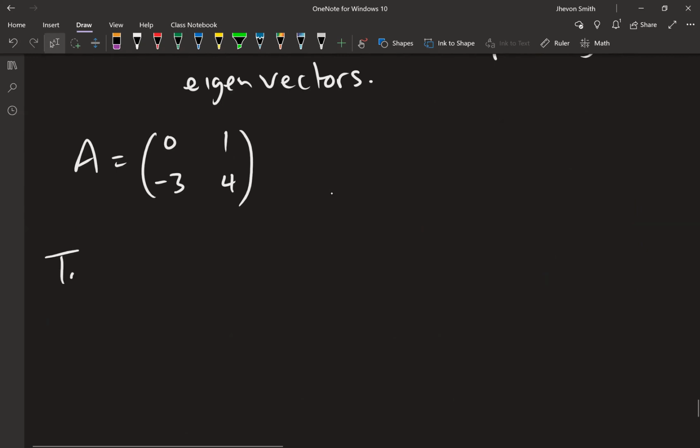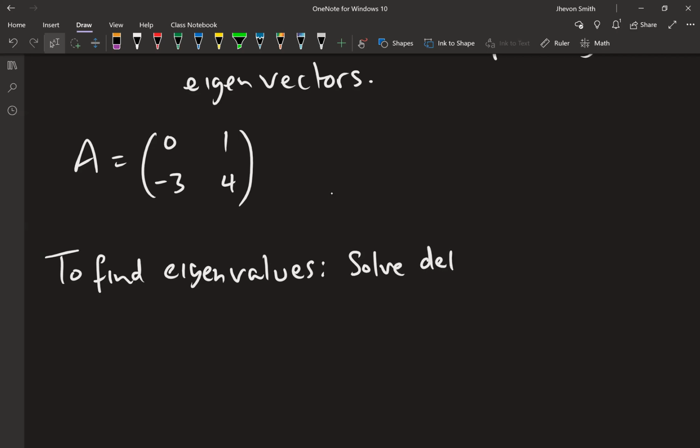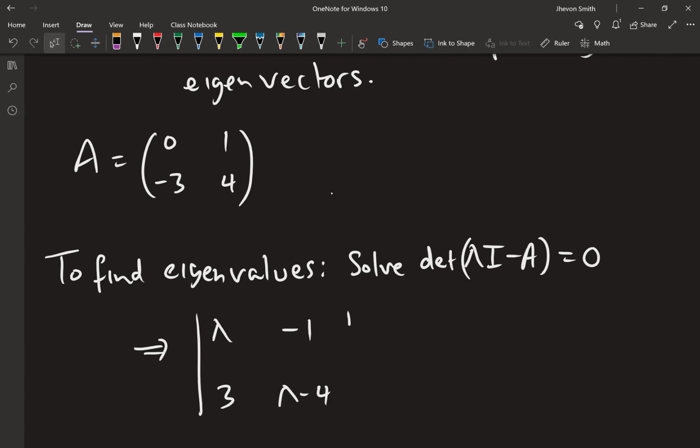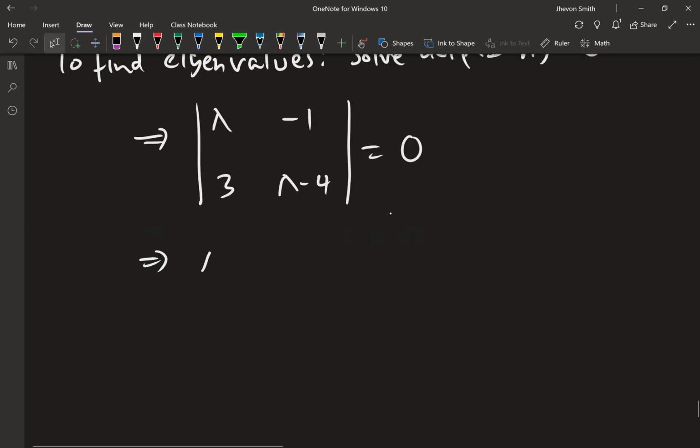To find eigenvalues, we need to solve the determinant of lambda I minus A equals 0. So this means I would find the determinant of lambda, minus 1, 3, lambda minus 4, and set that equal to 0.